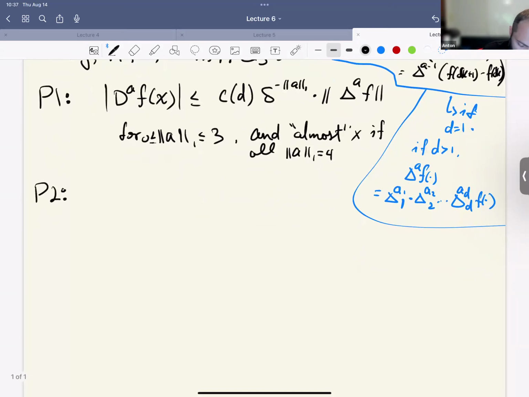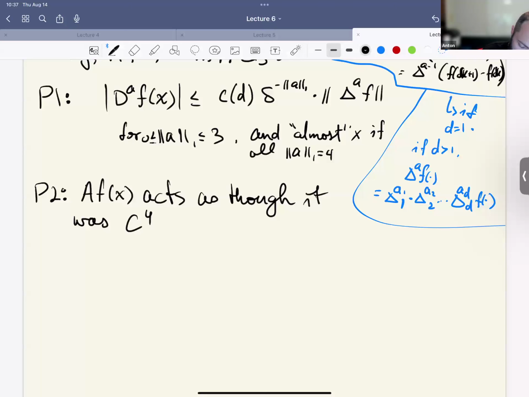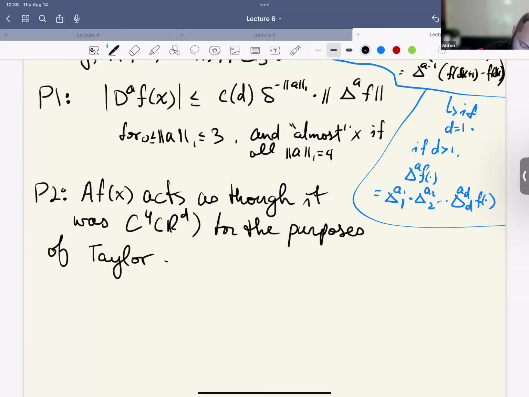Okay, so number 2, Af of x acts as though it was C4 for the purposes of Taylor expansion.